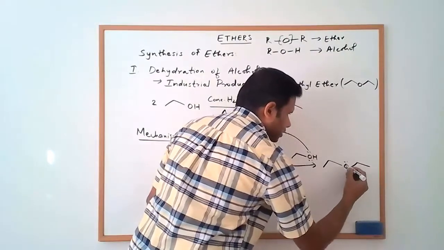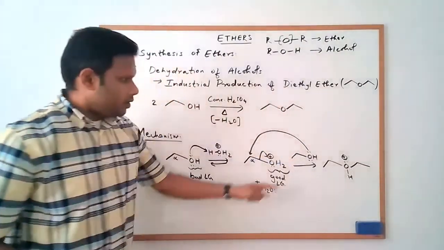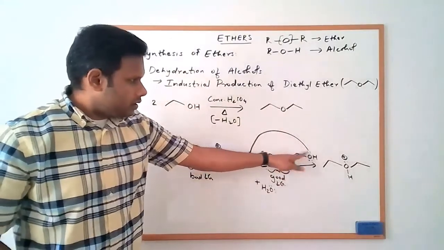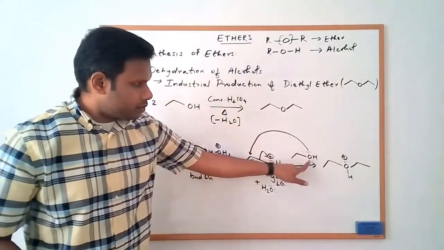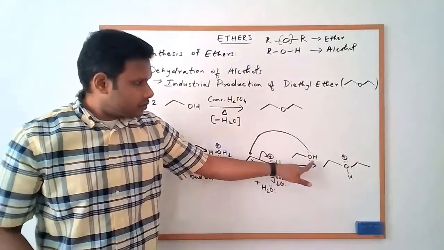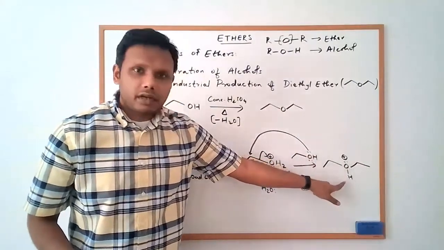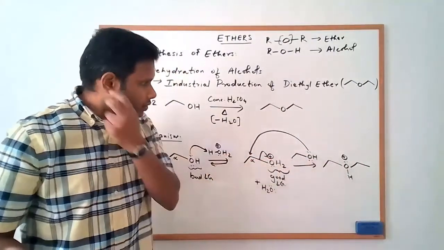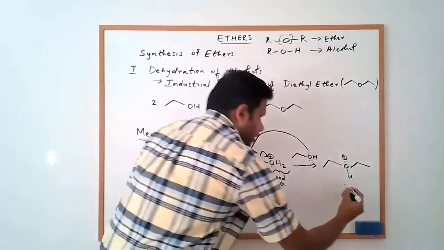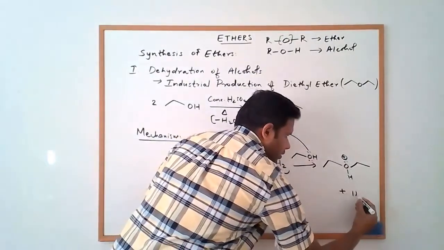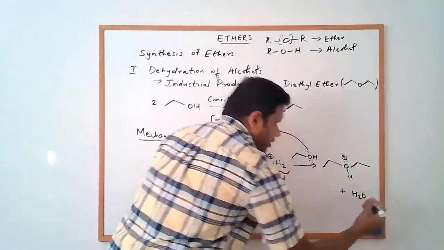By the end of this, what we would have is this structure here, where that alcohol is connected to this ethyl group through that oxygen atom. The oxygen atom has one lone pair and the hydrogen on it. It has a positive formal charge. And plus, we are going to make water here.